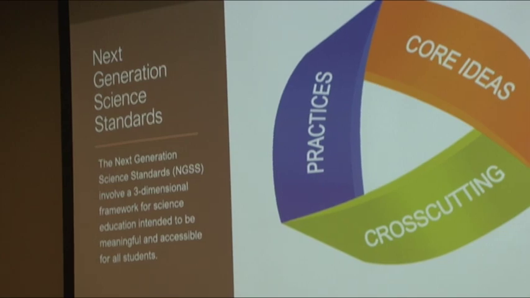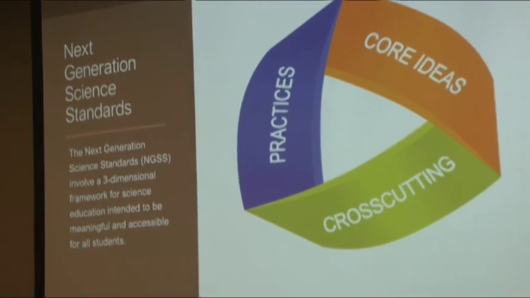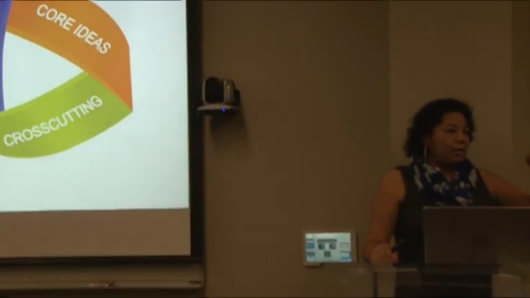But the NGSS really calls for students to engage in not only the disciplinary content, but also science and engineering practices, and these cross-cutting concepts, these different concepts that sort of span across disciplines of science, right? So like cause and effect, for example.